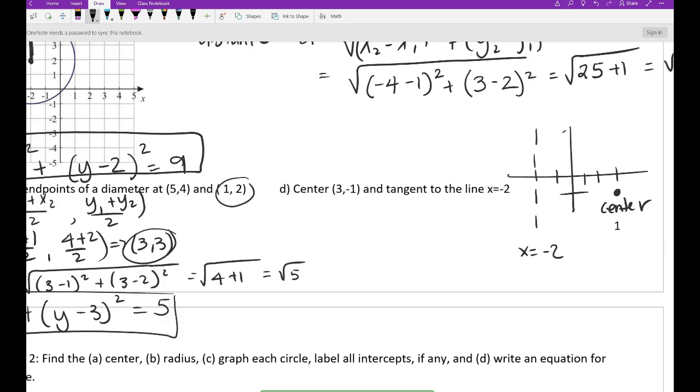Technically, would you agree that it's something like this? Is it easier to count once it's graphed out? Look, the center's right there. It's supposed to be touching this line once and only once. So how long is that radius? 5. Nice. So (x minus 3) squared plus (y plus 1) squared equals 25, right?